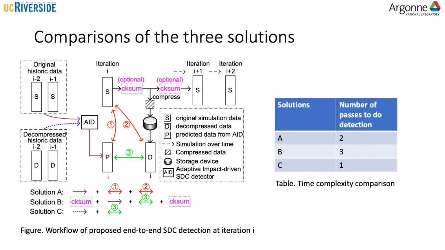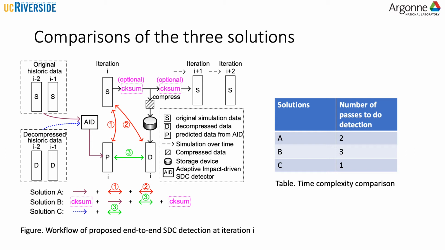The next difference we want to look at is the time complexity of the detection solutions. So in solution A, the detector needs to scan the data twice. One pass is to compare the predicted data with simulation data, and the other is to compare the simulation data with the decompressed data.